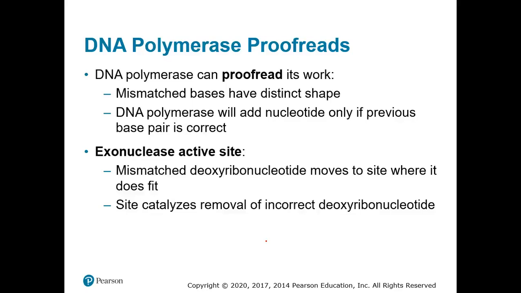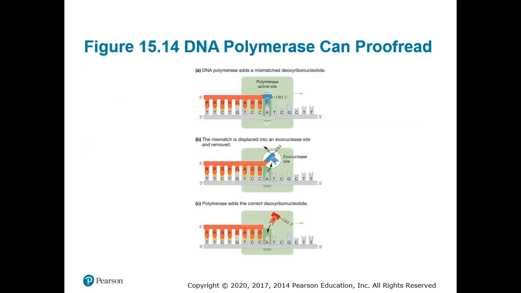It can do this because it has something called an exonuclease active site. We're going to see it in the picture, but it's essentially just a site within polymerase that it can remove and shove that mistake, that nucleotide that's not supposed to be there, into this exonuclease active site, and then it'll add back in the correct base.